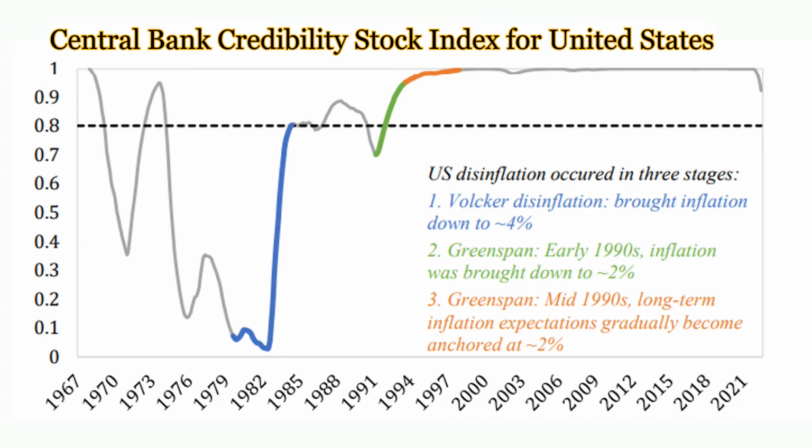It was only after the 1990s, when inflation began to decline and stabilize around 2%, that the Fed's credibility started to increase. For a long time after the tenure of Volcker and Greenspan, long-term inflation expectations gradually became anchored at very low levels, close to 2%. Although 2% was not officially the Fed's target until more recently, it aligns with the idea of a low inflation regime in this context.